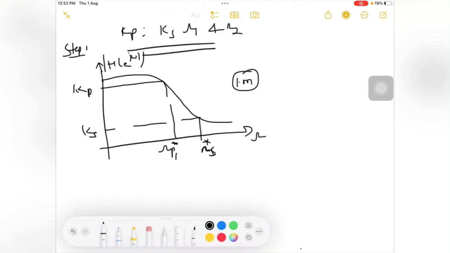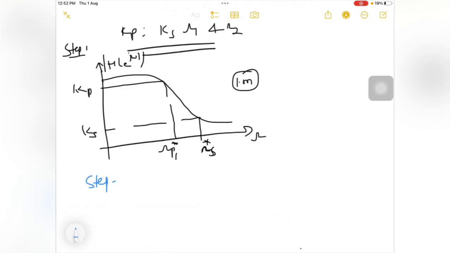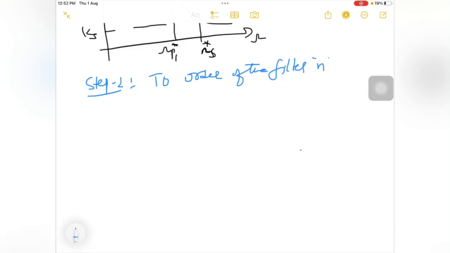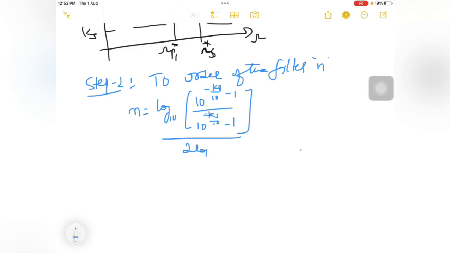Now what is my step 2? Step 2 is to calculate the order of the filter n. The formula for n is log to the base 10 of [10 to the power of minus Kp by 10 minus 1] divided by [10 to the power of minus Ks by 10 minus 1], whole divided by 2 log to the base 10 of omega p star divided by omega s star.